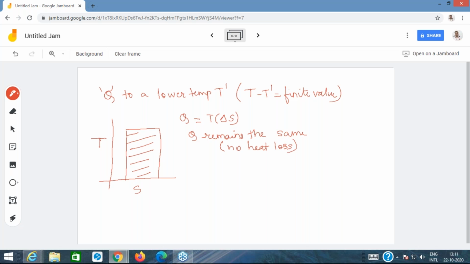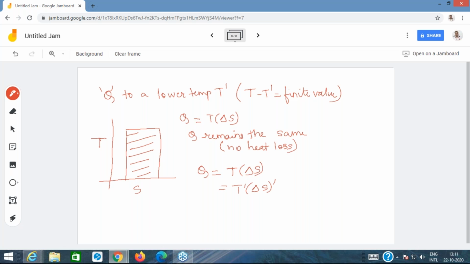But now this heat Q is available at a lower temperature. It means that Q, equal to T into delta S, has to be equal to T dash into delta S dash.